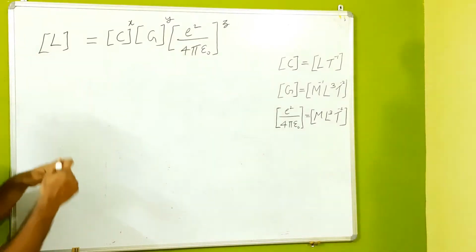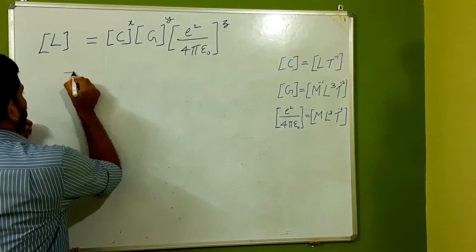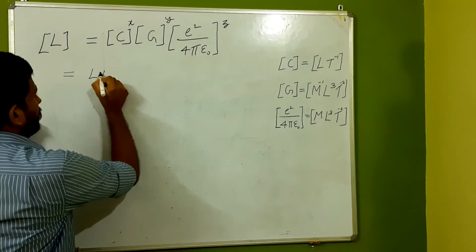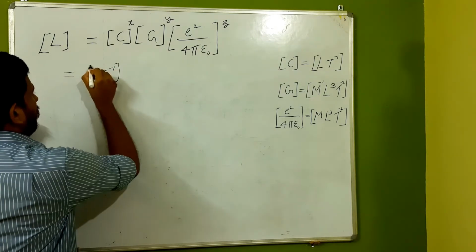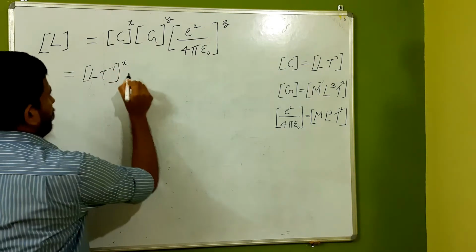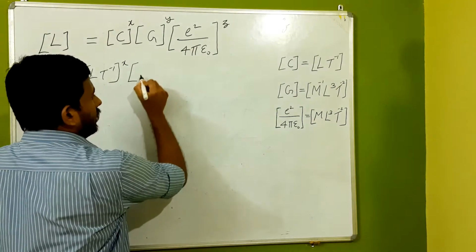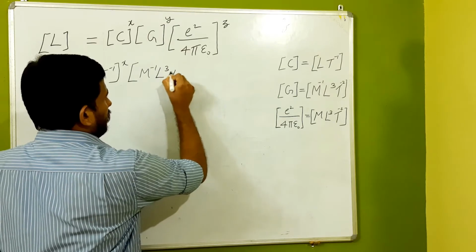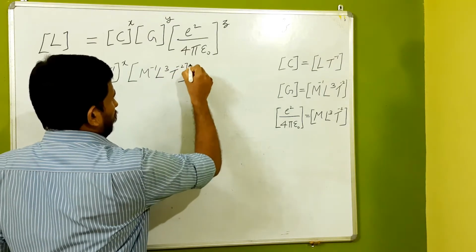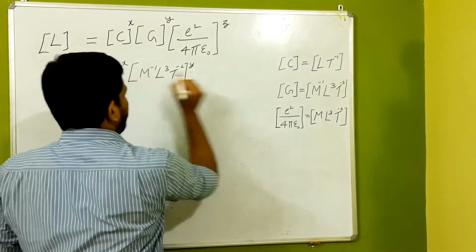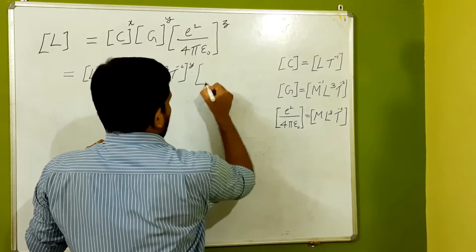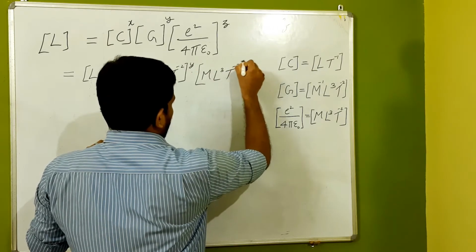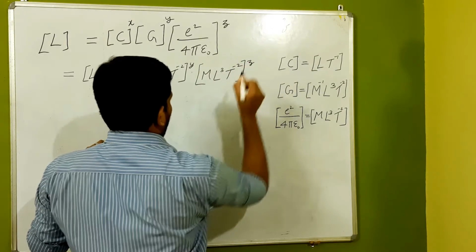So putting these three terms in this equation, we get the dimension of c, that is L t raised to minus 1 the whole power x, into G, that is m raised to minus 1 L cube t raised to minus 2 the whole power y, multiplied by m L cube t raised to minus 2 the whole power z.